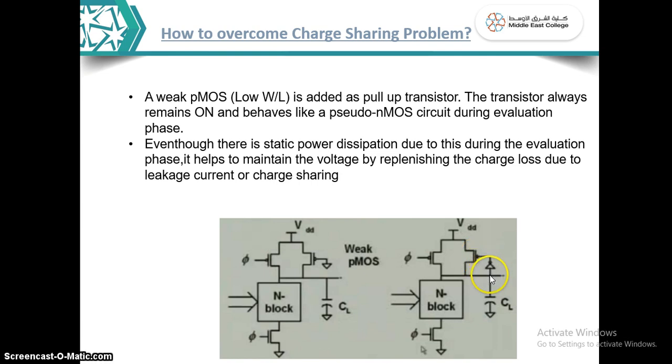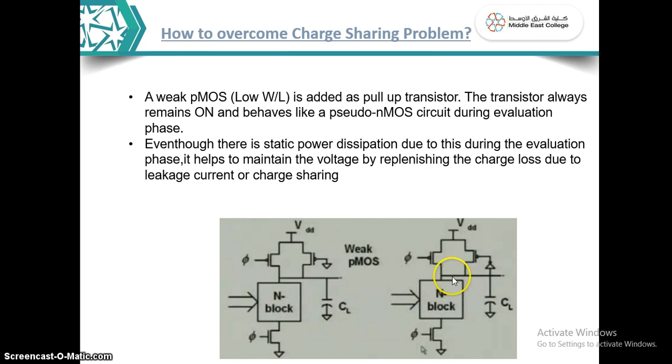Whatever the output is, it will invert and go here. If you connect the circuit this way, adding an extra inverter and connecting the gate of this weak PMOS to the output, then this static power dissipation problem will be solved.